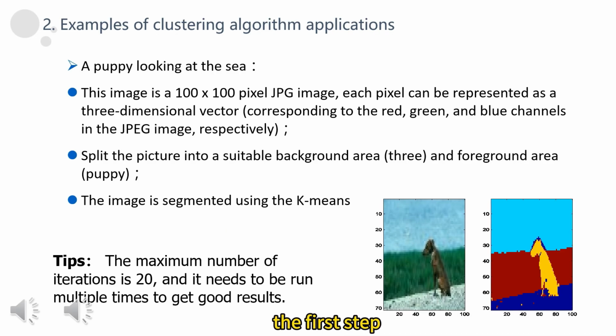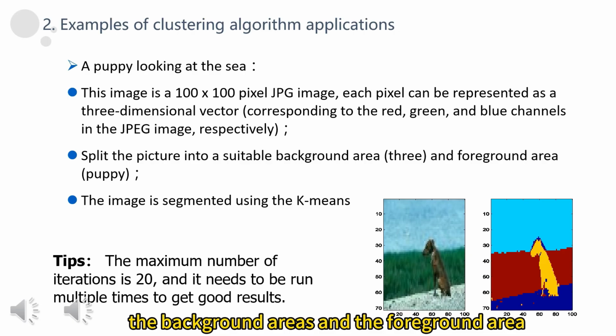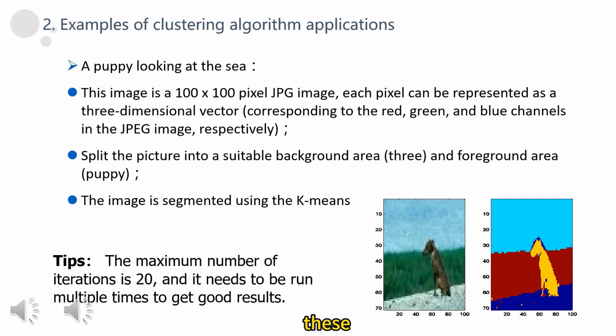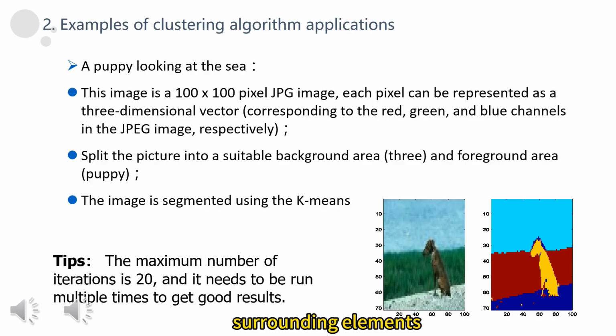The first step in the image segmentation process is to split this picture into two distinct areas, the background area and the foreground area, which contains the adorable puppy. This division helps in separating the main subject from the surrounding elements.